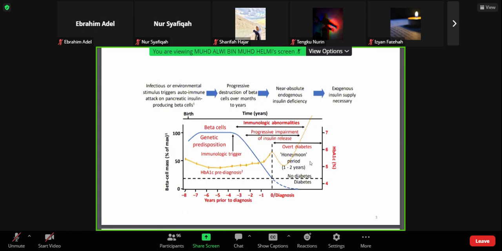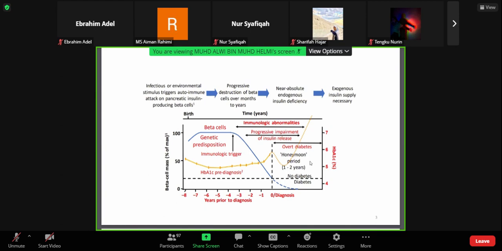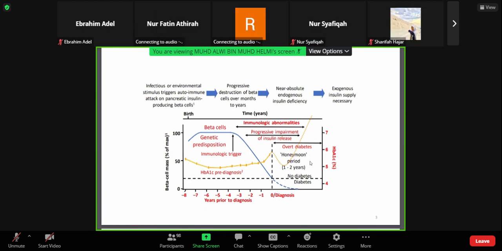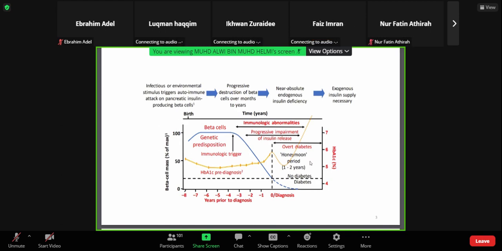This is a very busy slide, but it's very important. It is to make you understand the pathophysiology of type 1 diabetes. It usually occurs in people with genetic predisposition to diabetes, however it's usually triggered by an immunological response towards infection.